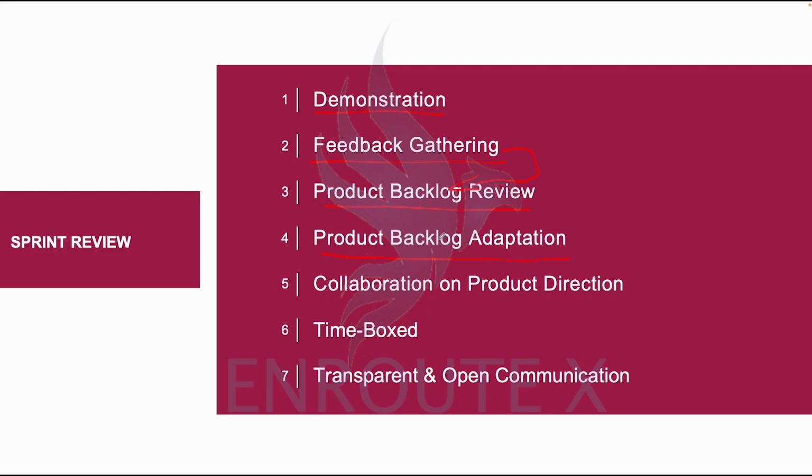Your product backlog should be adaptable. So these are some of the things we need to go through. Then collaboration on product direction, because you're having the feedback firsthand from the stakeholders.